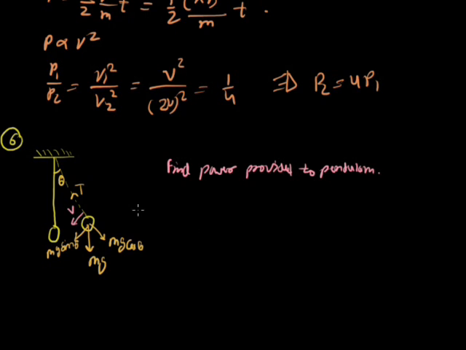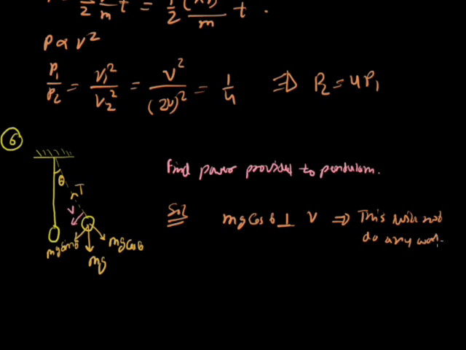To solve this problem, we will simply see that mg cos theta is perpendicular to v, so this will not do any work, so power is 0. T, the tension, is also perpendicular to v.